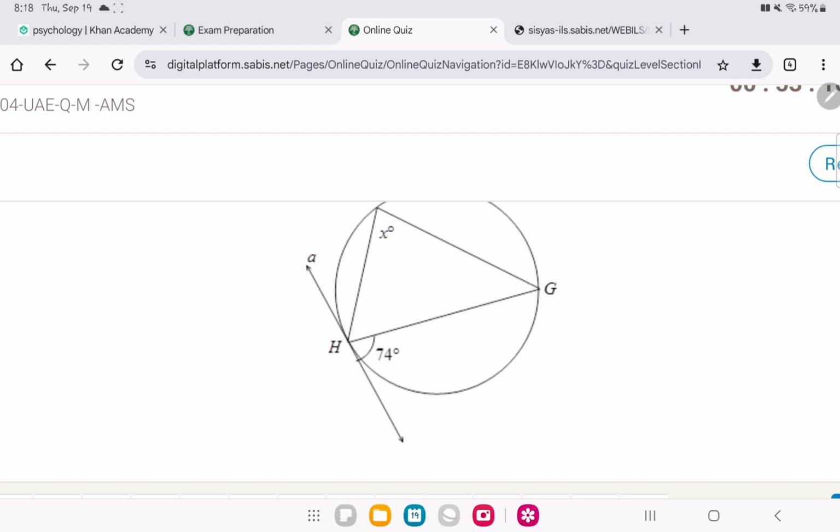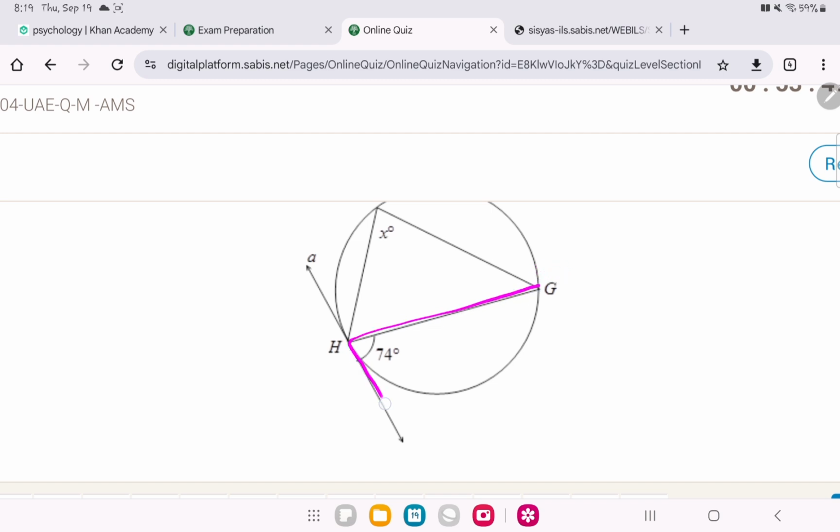Whenever we have a tangent and a secant, they form an interior angle to which arc? To this arc. So basically, the arc that they touch is the arc that they are interior to.